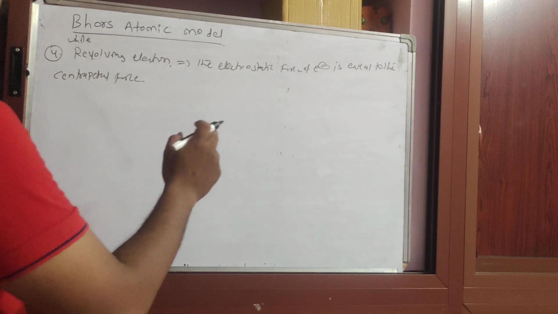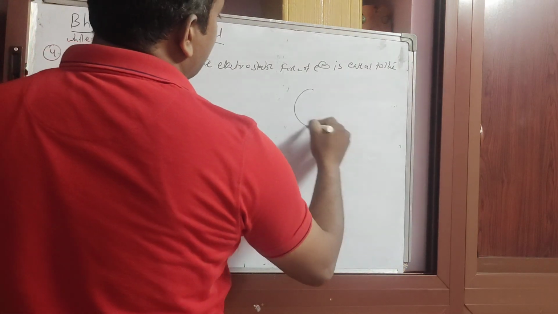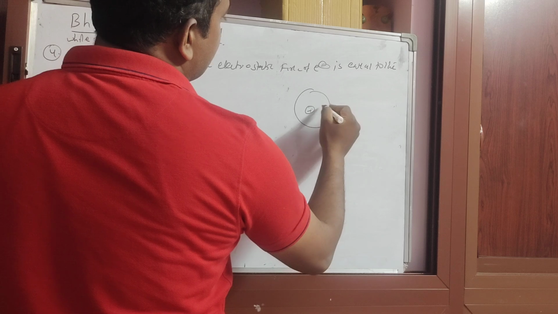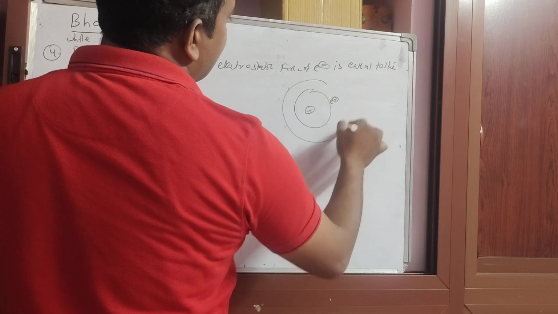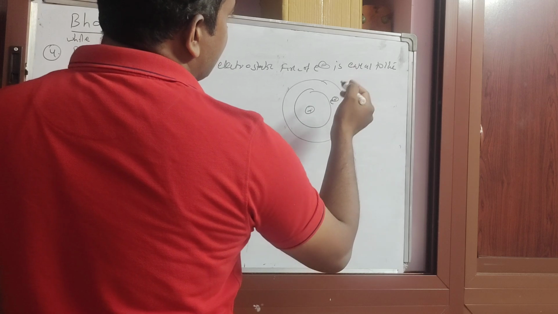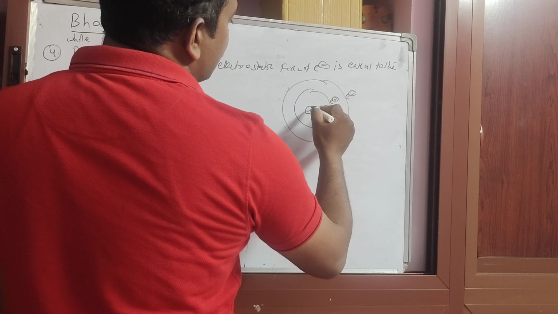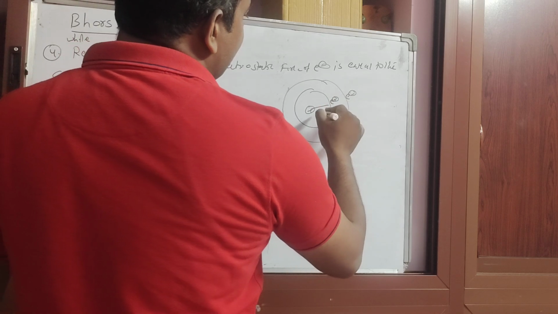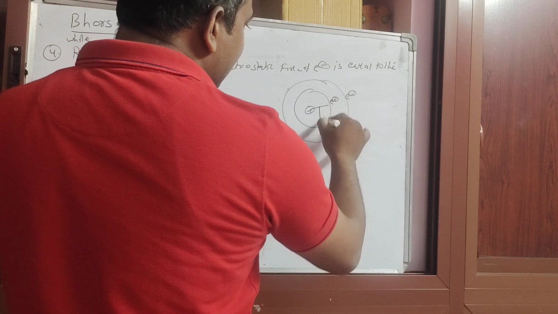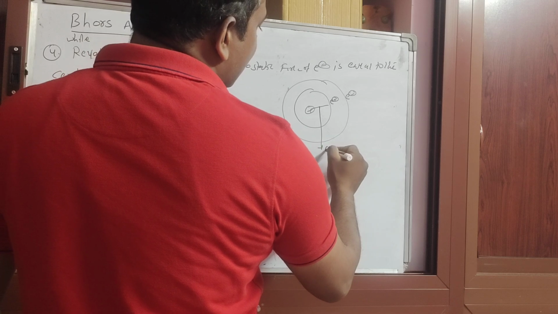What is this? If you take the nucleus, the electron revolves around the nucleus like this. This is positive charge, and this is negative charge. The force of attraction between them is called the electrostatic force.